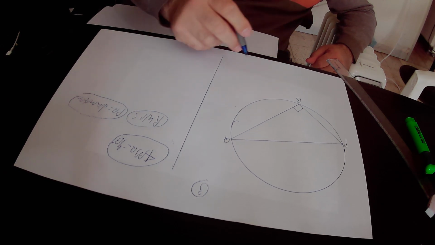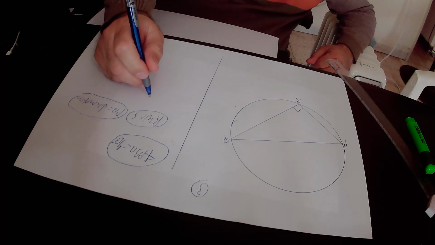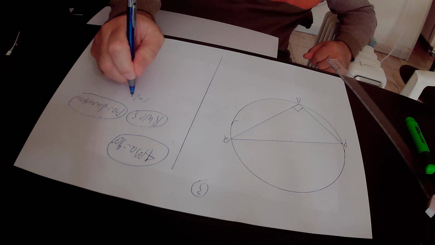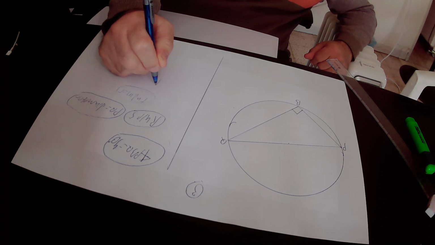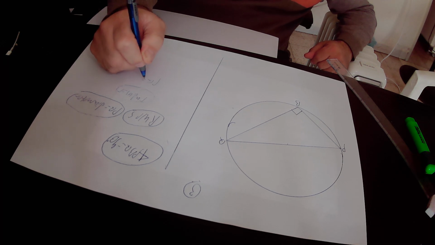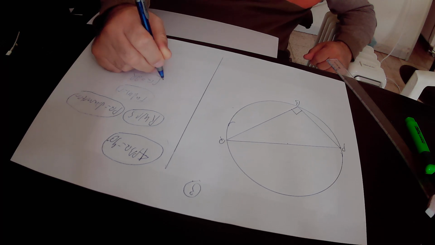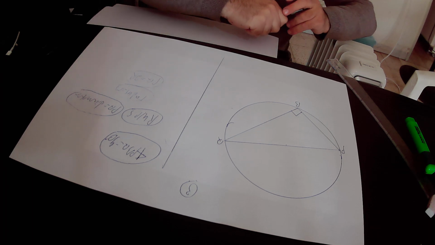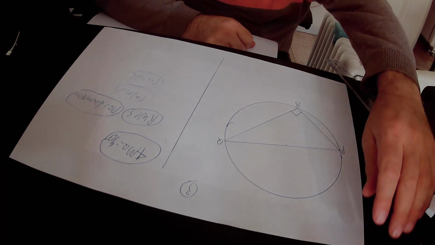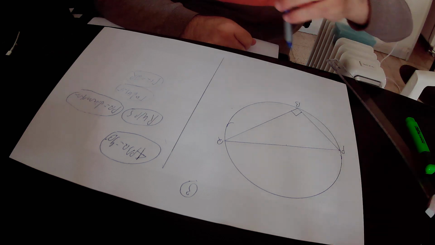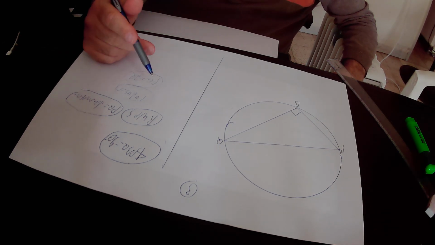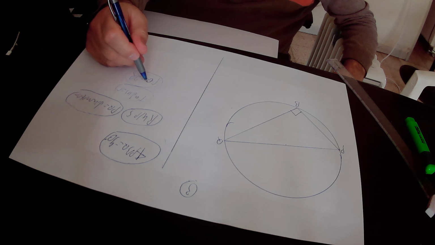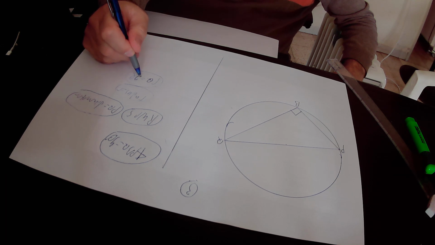If we define the radius of this circle as R, then the diameter PQ must be equal to 2R. So PQ equals 2R. It is the diameter of the circle.